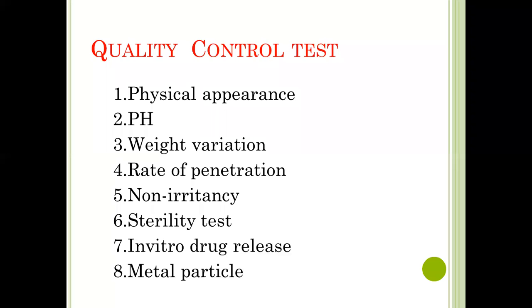Texture, color, odor, aroma. Viscosity is not checked by physical appearance; it is checked by different tests, such as a viscometer. Stability is correct: physically we can see whether it is stable, that is, whether it is semi-solid or in liquid state.